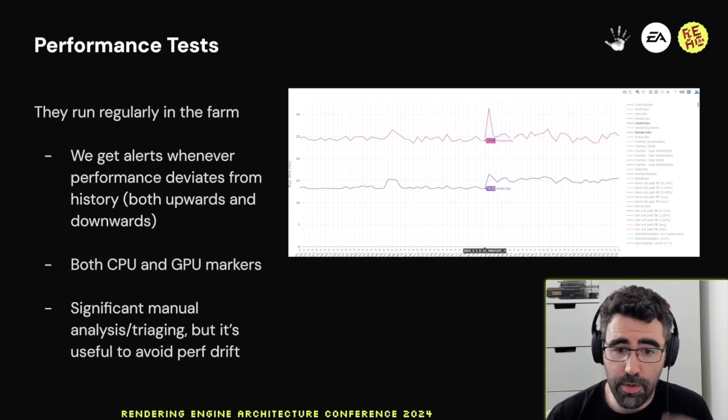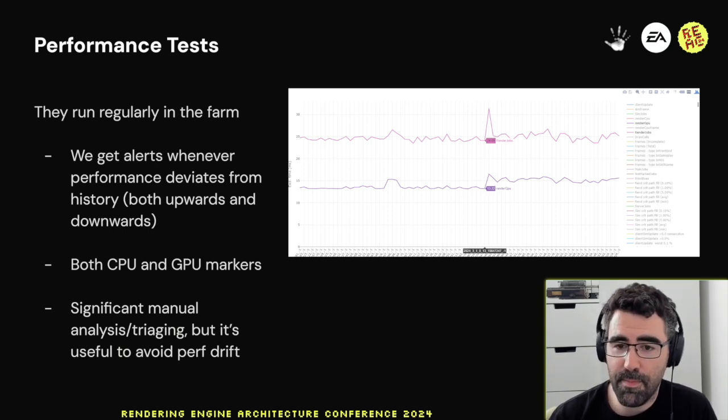And it can deviate up or down. If we've had alerts coming that say, well, this piece of GPU code suddenly became 50% faster, is that expected, or did you just disable something inadvertently? This works pretty well. We do have significant manual triage work with these. We have our QA go and triage every one of these alerts. So it's not free, but it is useful.